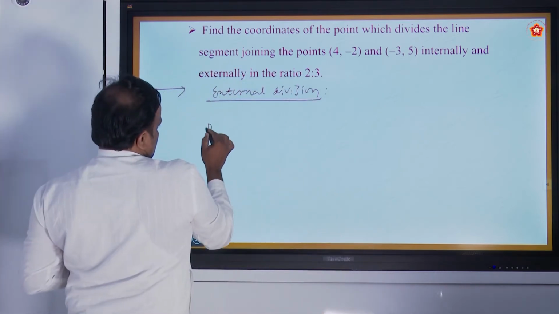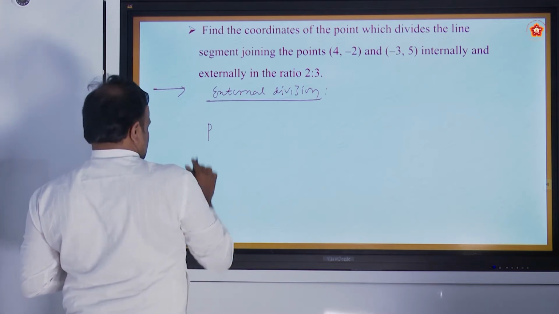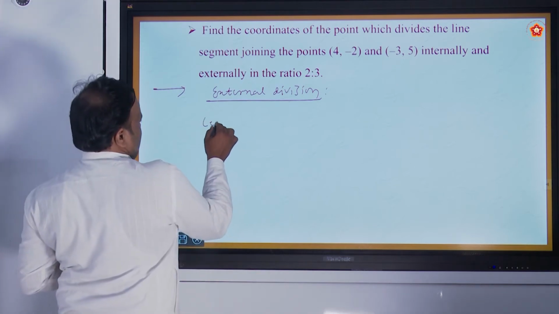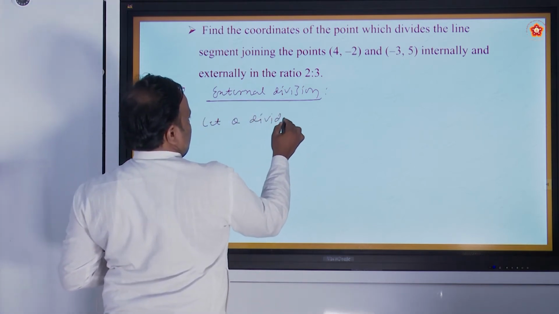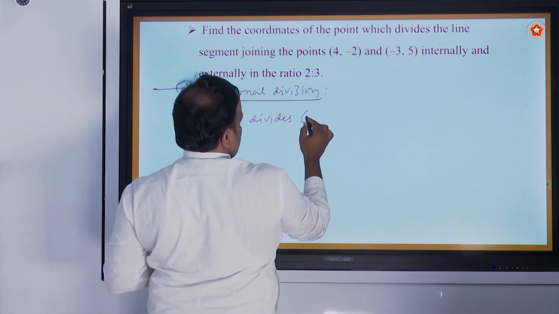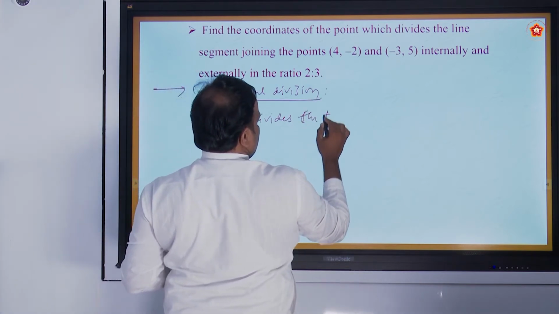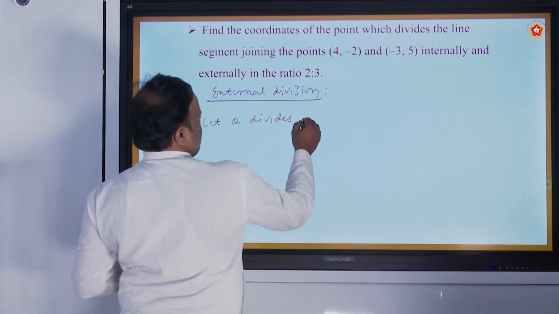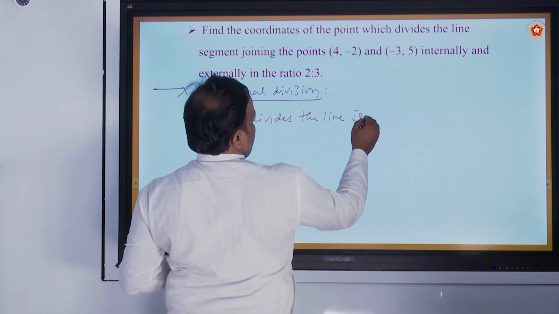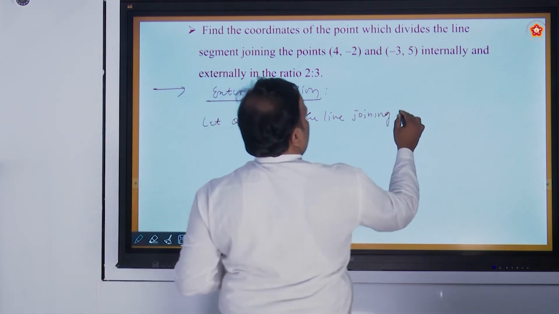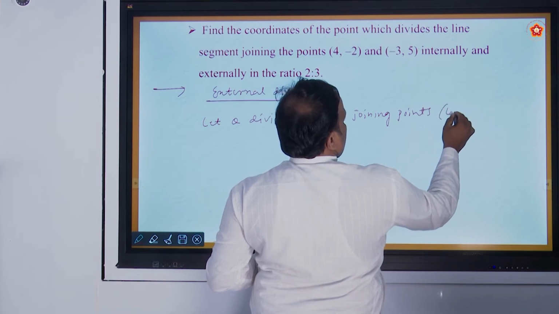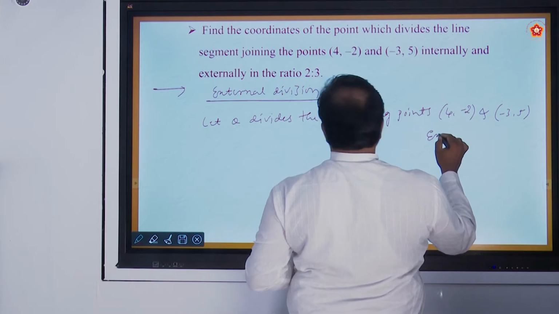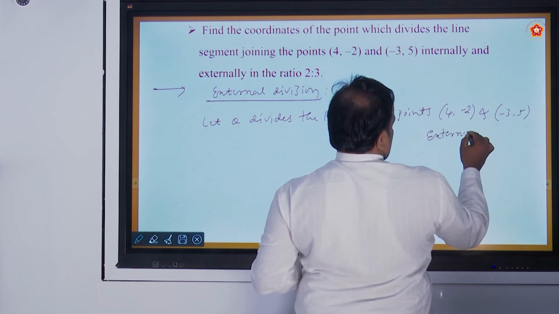Suppose you take Q for that. Let Q divide the line joining the points (4, -2) and (-3, 5) externally.